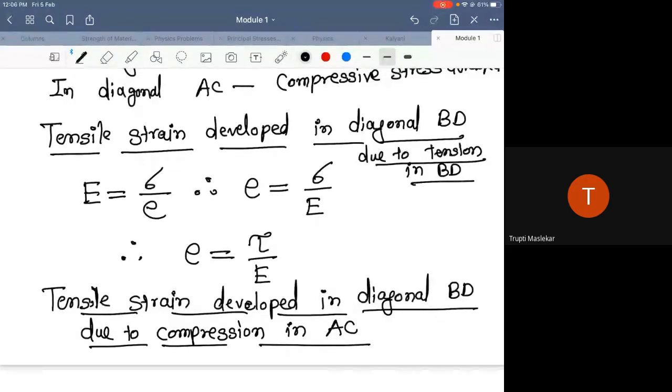Already I told you, when we derived the Poisson's ratio formula, what is the formula of Poisson's ratio?